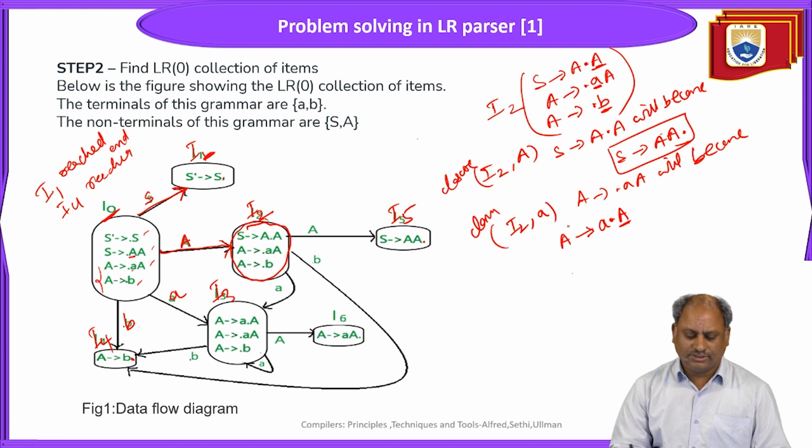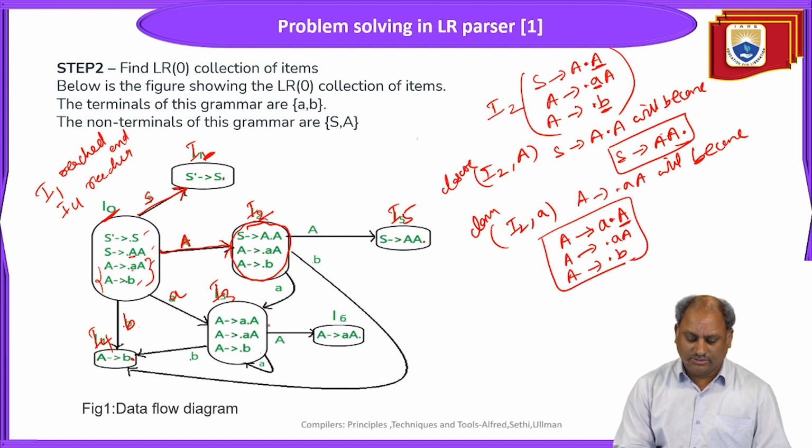The corresponding productions for A are these two, which have to be included once again, that is A derives dot B. So this becomes a new state, but this state is already available in I3. That's why instead of writing a new state I6, here we can write small a, which belongs to the same state available in I3.